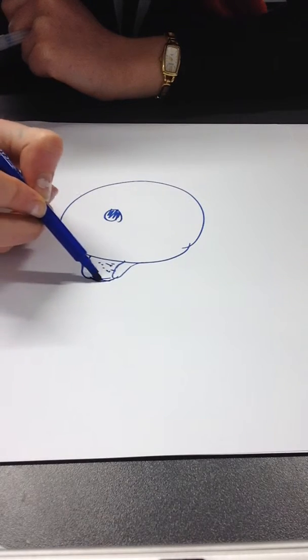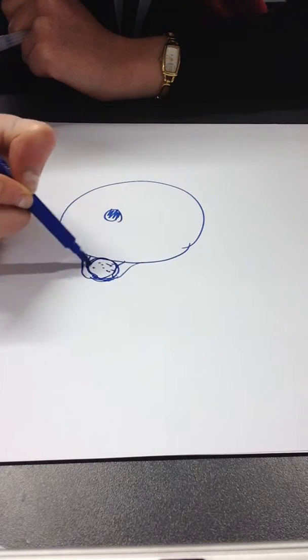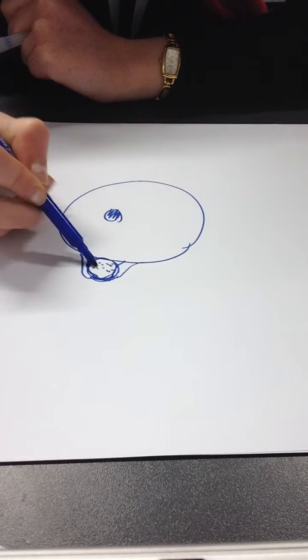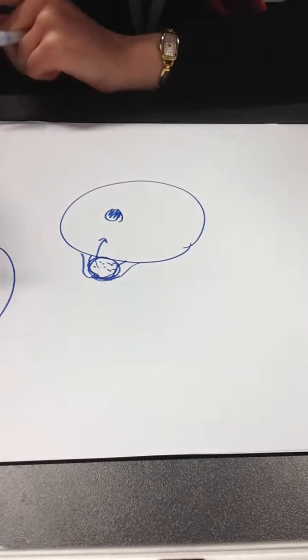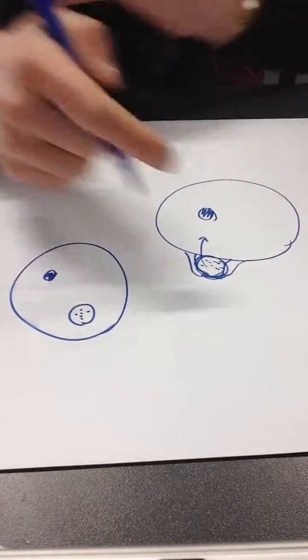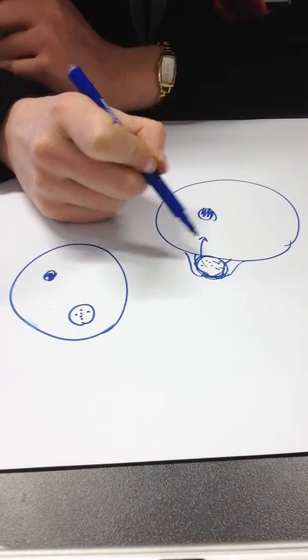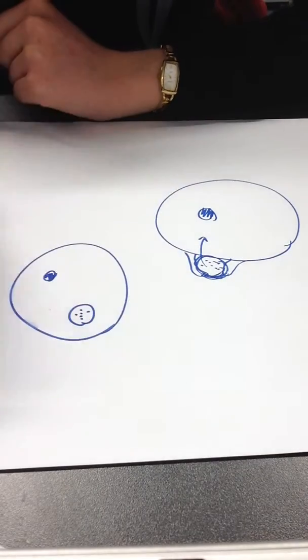It forms a membrane around them and brings them into the cell. You end up with a vesicle with all of that stuff on the inside of the cell. So that's endocytosis. That's how I remember it.